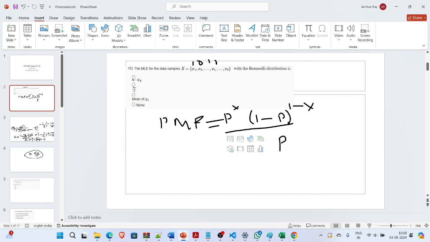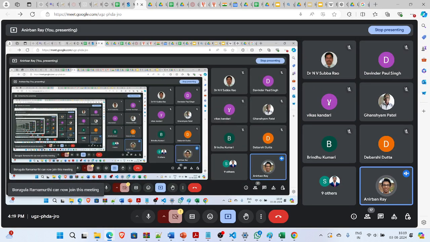What this means is, suppose we have to find the probability of occurrence of 1. We put x equals 1, so the answer we get is p. Suppose we need to find the probability of the sample in which x equals 0. Then the probability we get is 1 minus p. You can understand, we put 0 here, this one becomes 1 and this one becomes p to the power 0, that is 1. So the answer is 1 minus p. Any doubt up to this point?